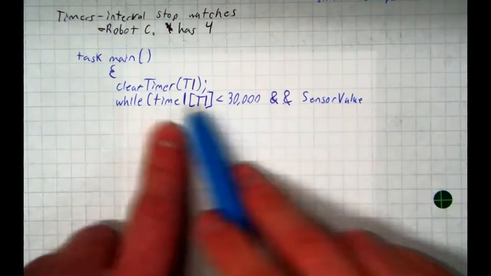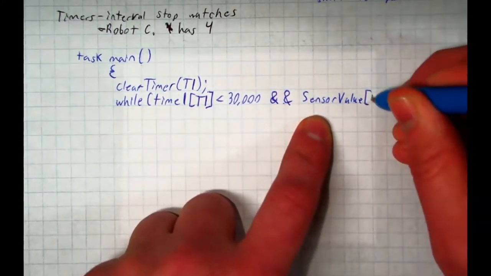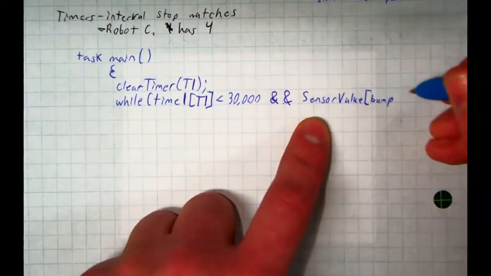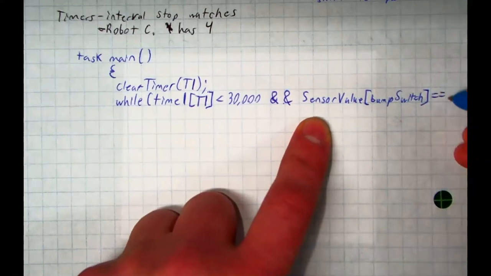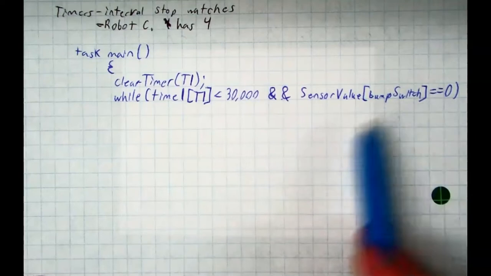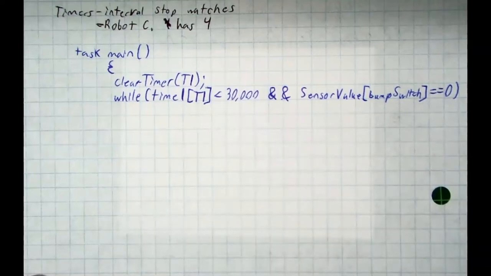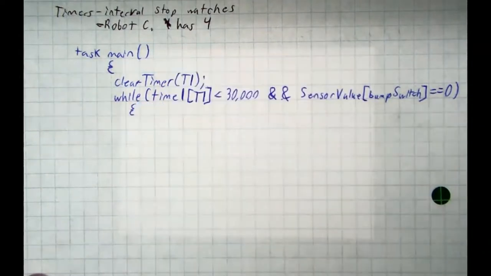So while the SensorValue for the bump switch is equal to 0, and while the timer is less than 30,000, let's open up another bracket for our while statement.